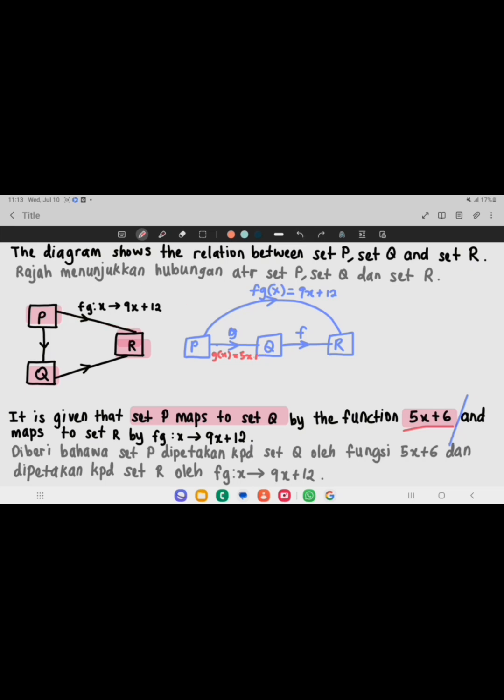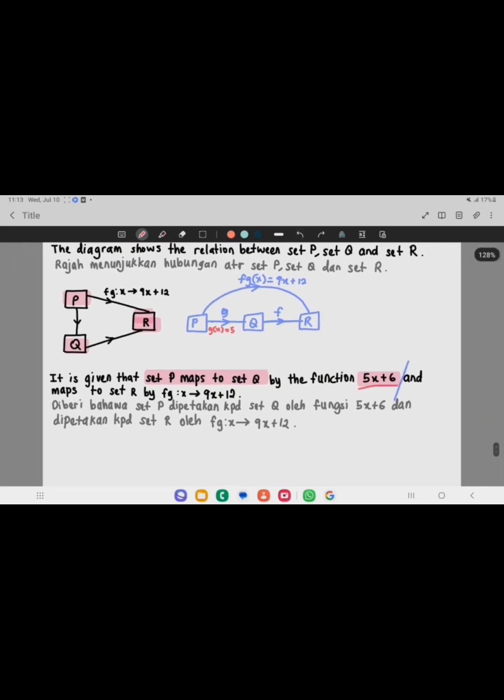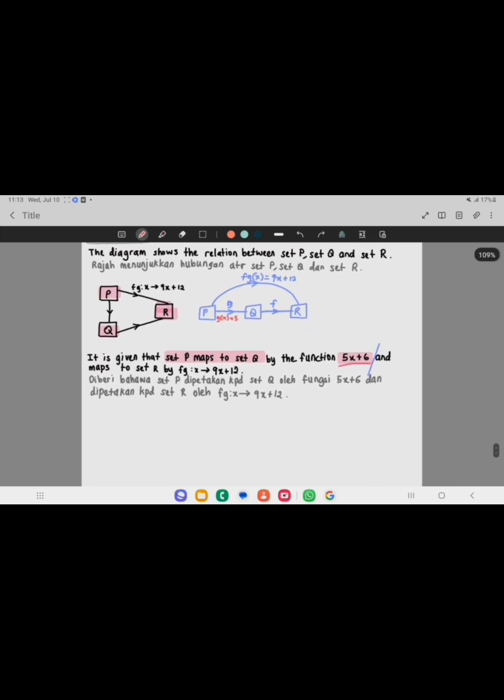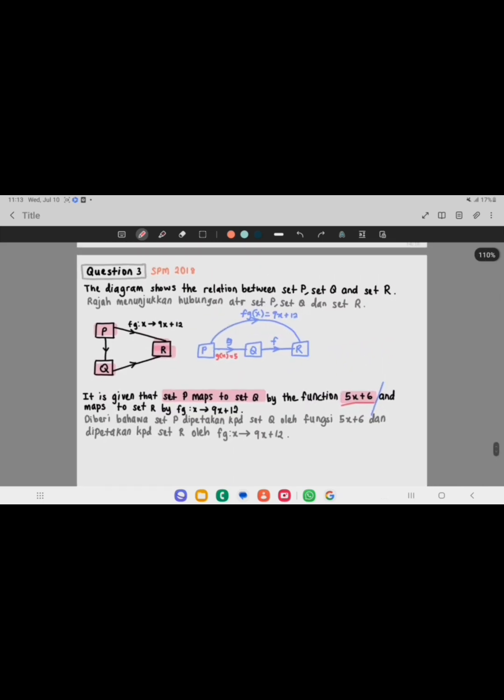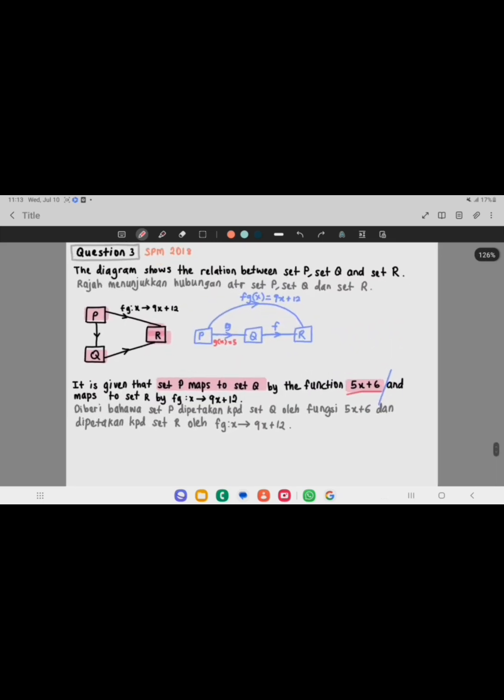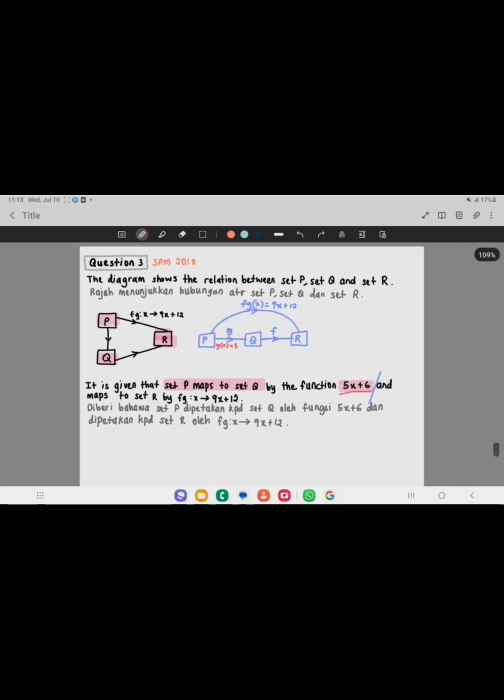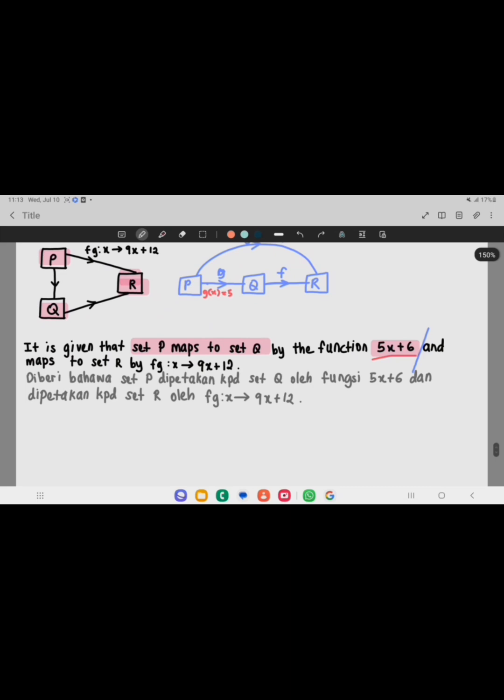Now, what does the question actually want? I forgot to write the full question, but the question is asking you to find f(x). What is the function f(x)? That's the question.